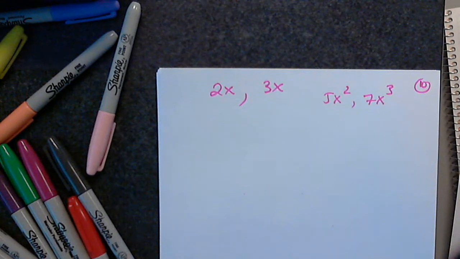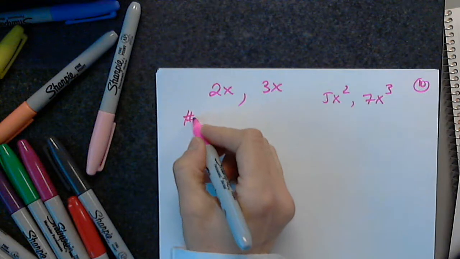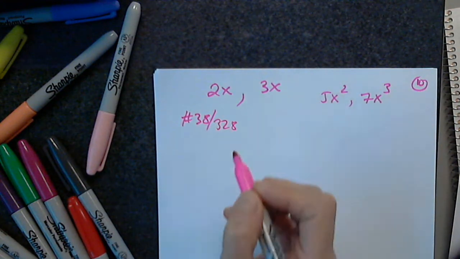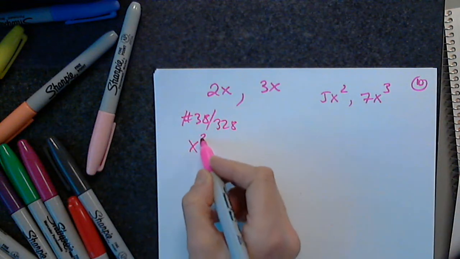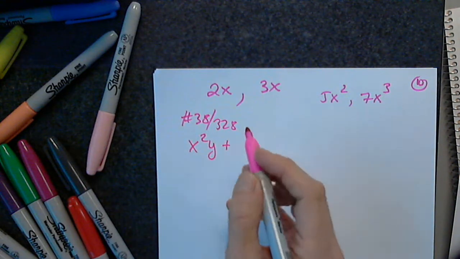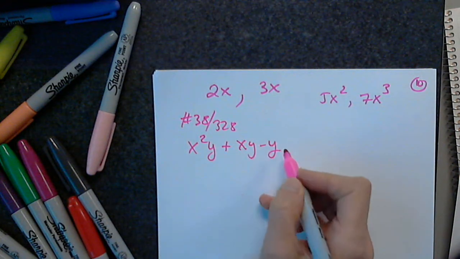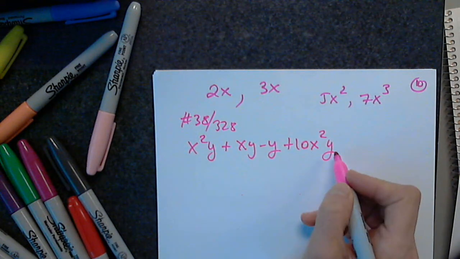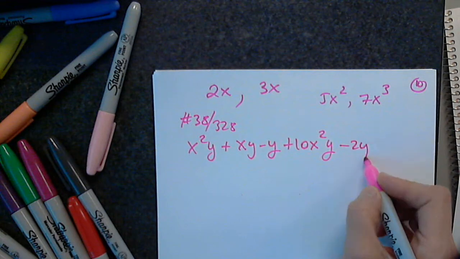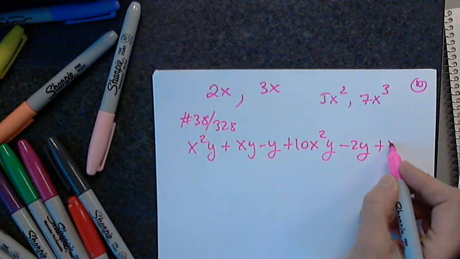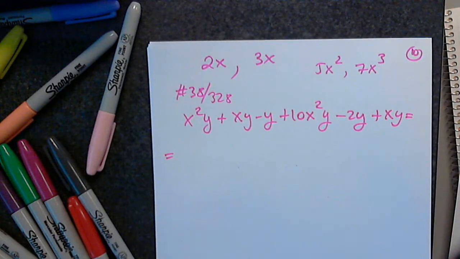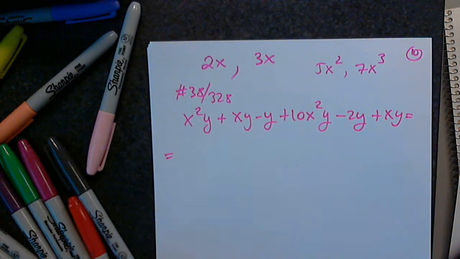Okay, let's combine like terms. Problem 38 on page 328: x squared y plus xy minus y plus 10x squared y minus 2y plus xy. Well, this looks difficult. It really isn't.